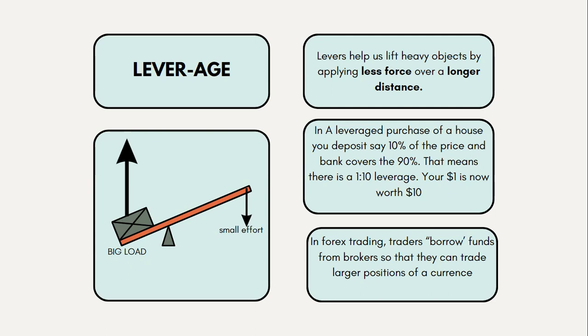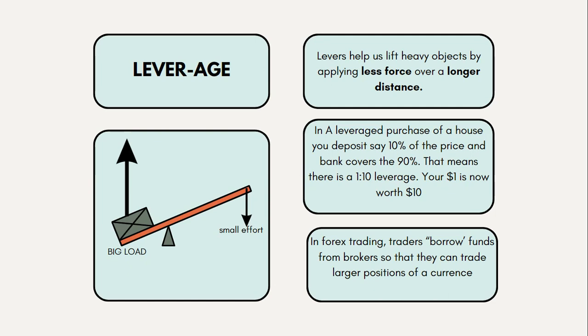And let's give an example of leverage in a purchase of a house. Let's say you want to buy a house. You could approach a bank and let's say you want to buy a $10 million house. The bank will say to you, can you deposit 1 million and we'll cover the 90% in debt.